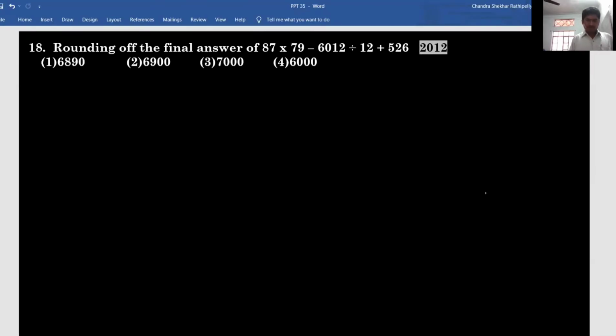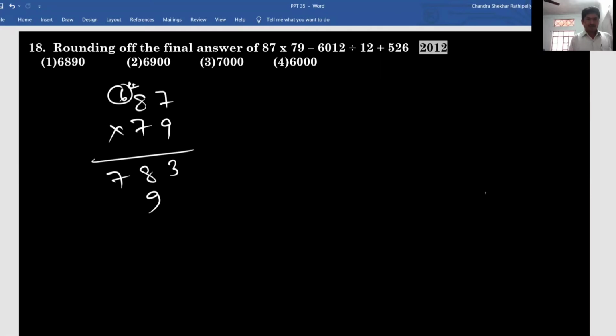So we have to complete this quickly. 87 into 79: 9 8s are 72, 78. 7 7s are 49. 7 8s are 56, 60, 63, 17, 8, 6, 873.